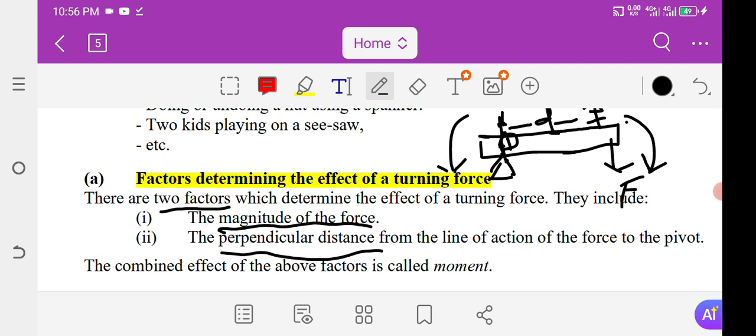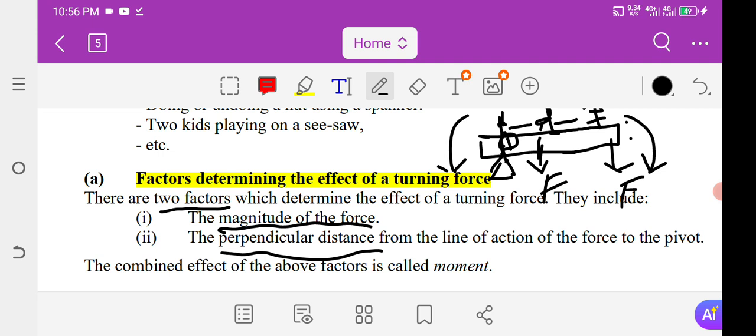Let's suppose you apply a force here. The beam or the object does not turn that much.